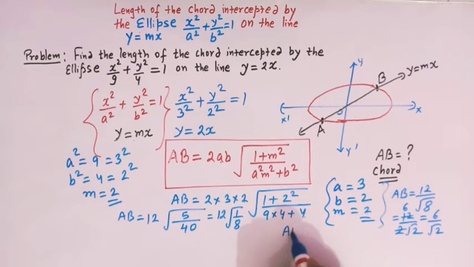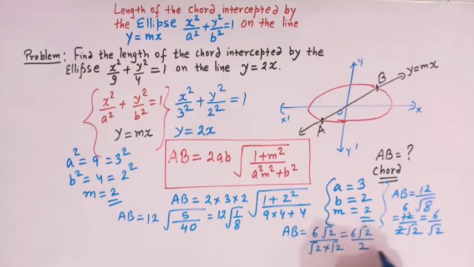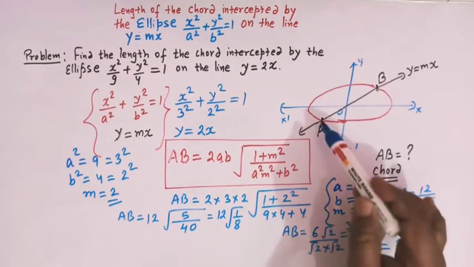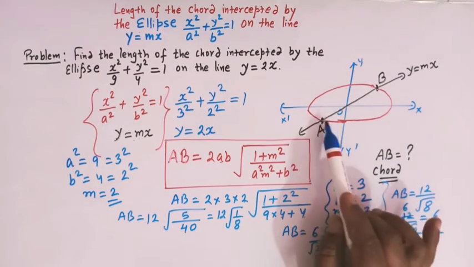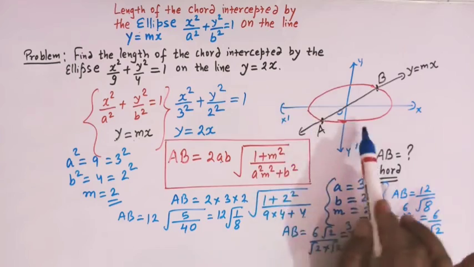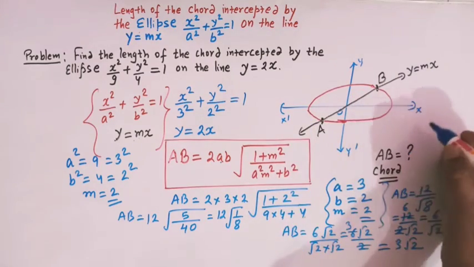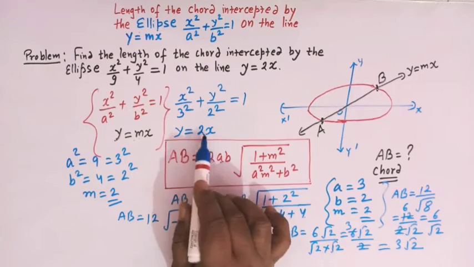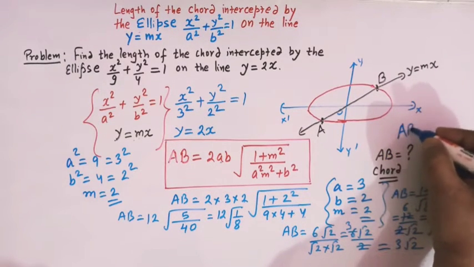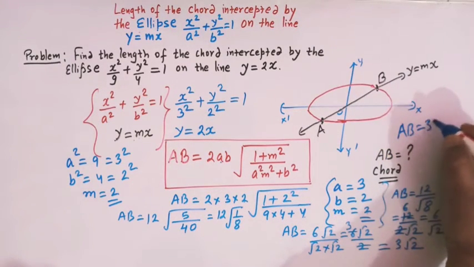So here we have AB is equal to 6 times root 2 over root 2 times root 2, and this is 6 root 2 over 2, and that is 3 root 2, right? So the length of this chord AB, which is intercepted between this ellipse and the line y = mx, or y = 2x, is given by AB = 3 root 2 units, right?